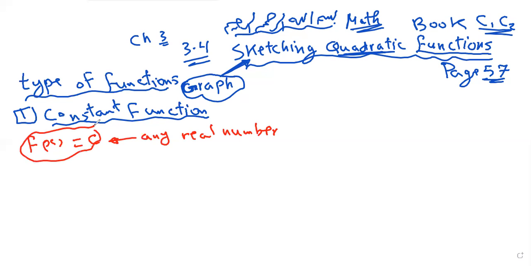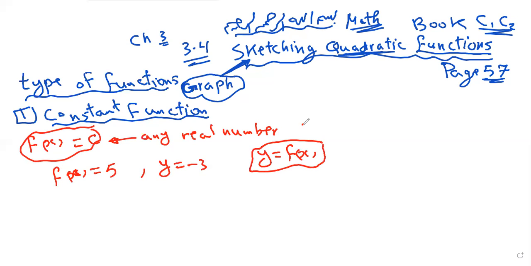Like what? Maybe you can say f of x equals 5. Sometimes they write it like this, y equals -3. Then you must know that y equals f of x. And the letter f is short expression for the word function.